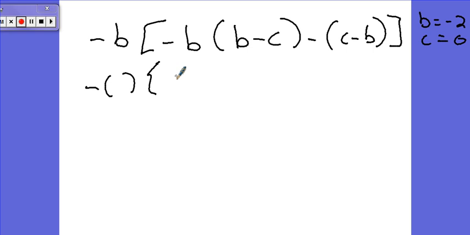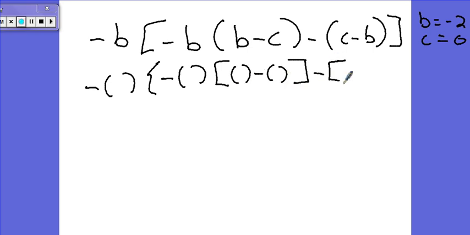I'm just changing them because these parentheses are going to switch over to these. I'm changing all my symbols of inclusion as well to keep my order. Okay, so b is negative 2.